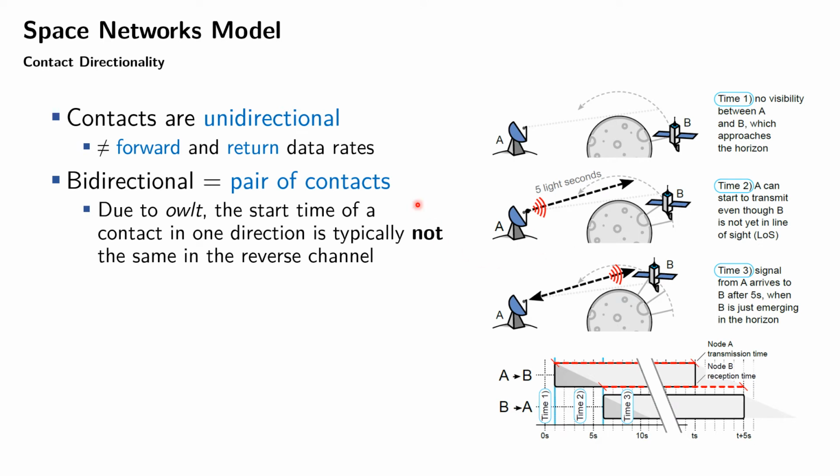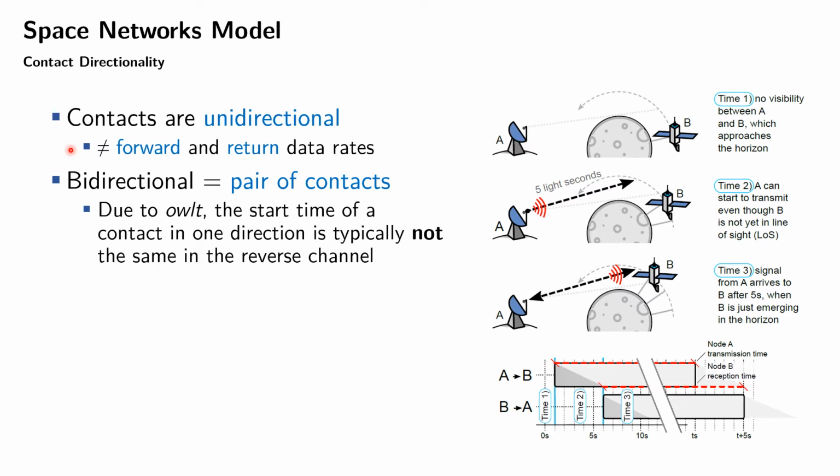Something that's interesting to say about contacts is that they are unidirectional. You have likely seen from the previous example that one thing is to talk about the forward contact, and another is to talk about a return contact. Contacts are not bidirectional, and there is actually a reason for this.